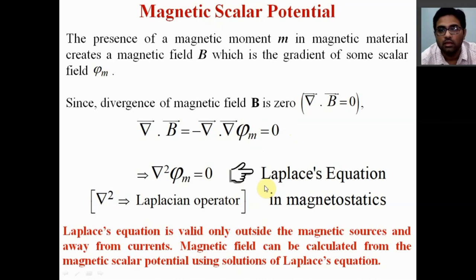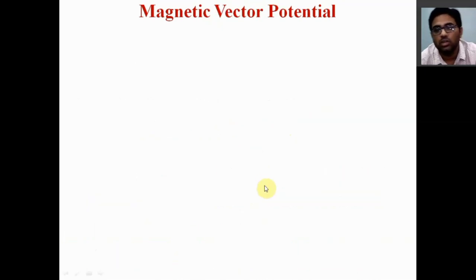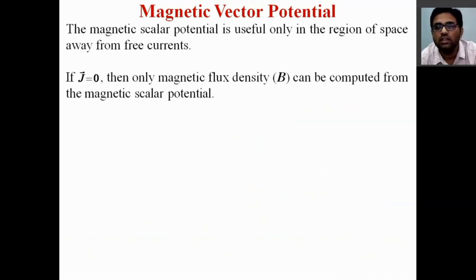Now let's discuss another potential, which is magnetic vector potential. We have seen that magnetic scalar potential is useful only in the region of space away from free currents, where current density is 0. Then magnetic field, or more precisely magnetic flux density, can be computed from magnetic scalar potential.